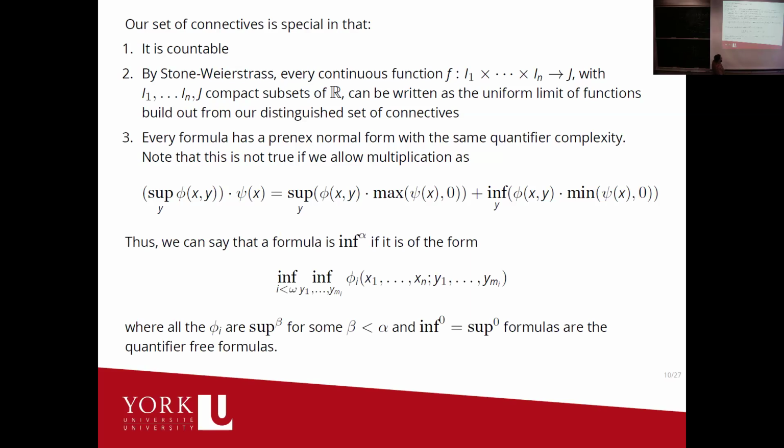It's inf alpha if I can write it as a countable infimum of some infimum over some number of tuples of some formulas, all of which are sub beta for some beta less than alpha. So essentially the same ideas here, except this is now a countable inf, and this is an inf over some tuple. And again, I'm only counting the quantifier alternations.